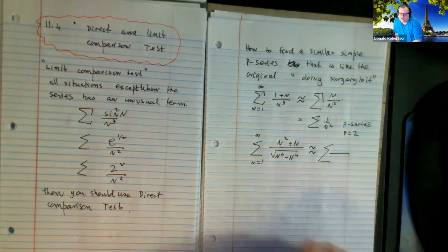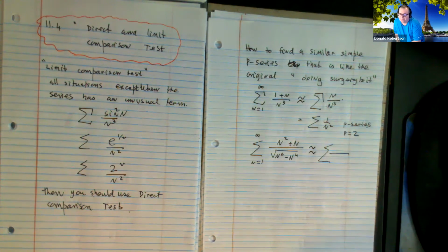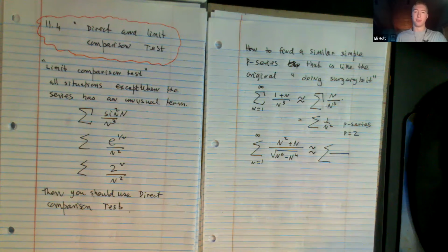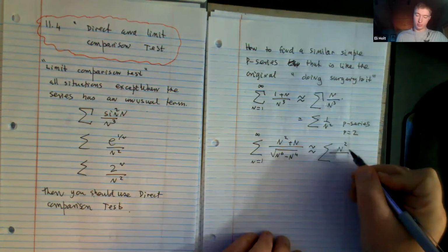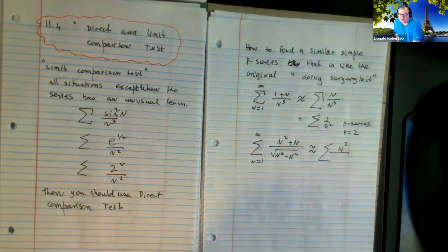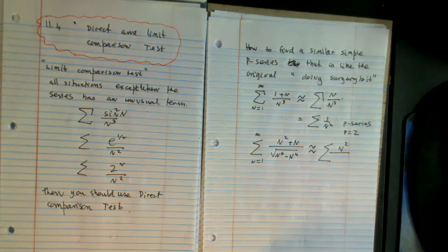What power of n shall I put on the top? Squared. Great. Well, tell me what to write in the bottom. Let's just phrase it that way. What do I write on the denominator? N cubed. Well done.